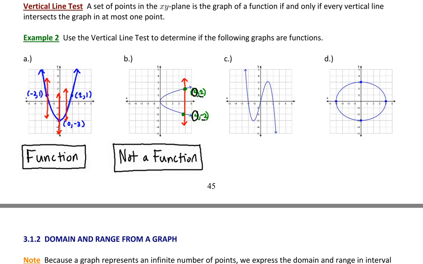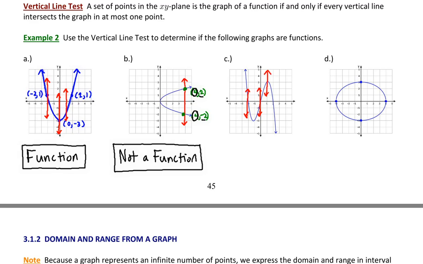Remember, the definition of a function says that every x value can only have one or a unique y value. So if I have 2 points that are directly above each other on a vertical line, they're always going to have the same x value but a different y value. So the vertical line test is the visual application of that definition. Once you know the vertical line test, it's a pretty easy thing to run. At a glance, you can tell very quickly if you're dealing with a function.